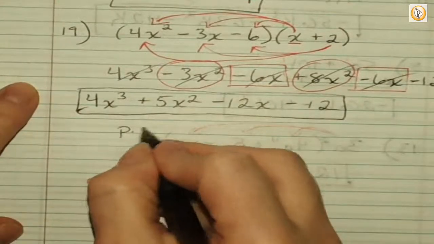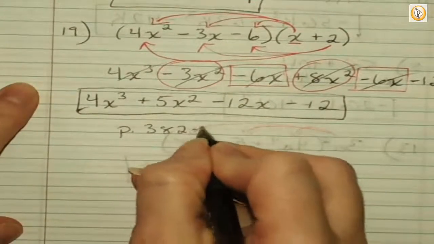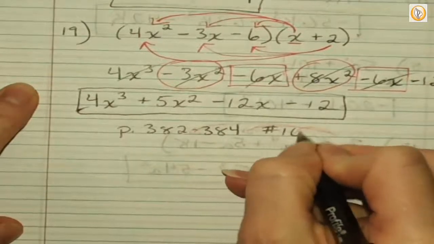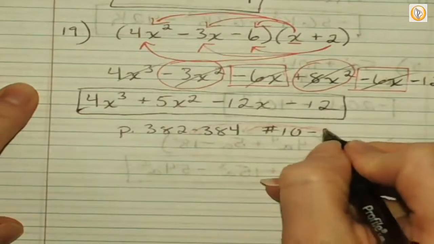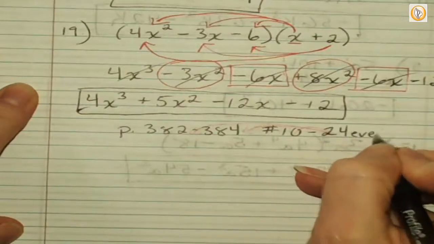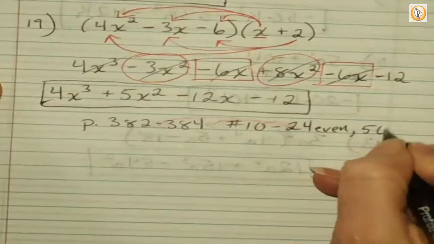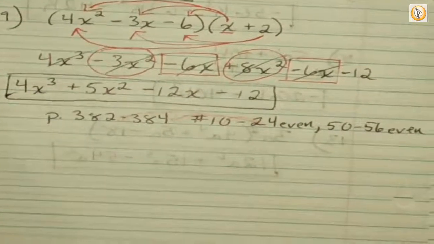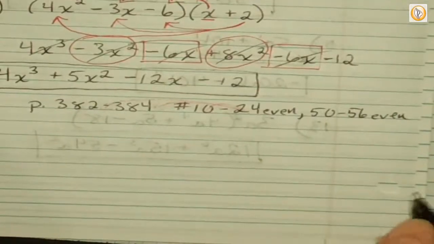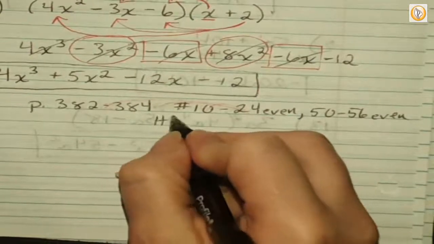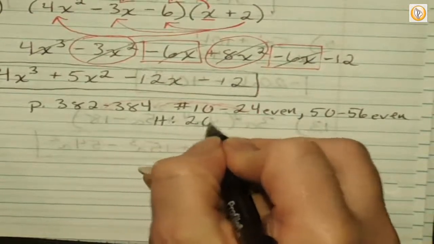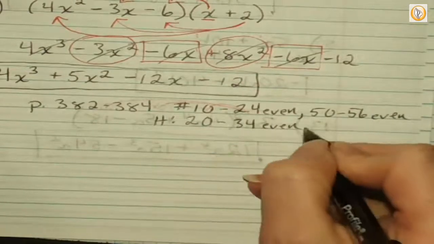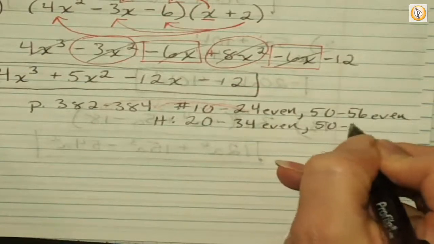You are doing page 382, 384, numbers 10 through 24 even, and 50 through 56 even. Y'all need to start reviewing big time. Honors: 20 through 34 even, and 50 through 56 even.